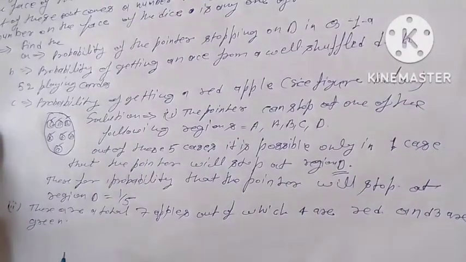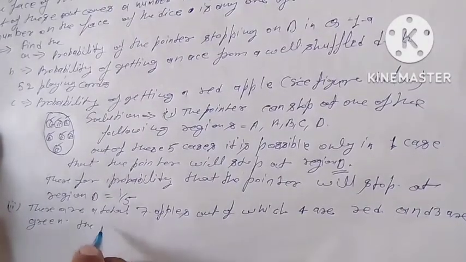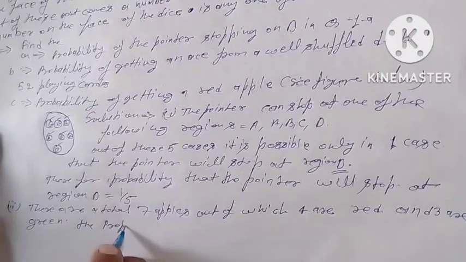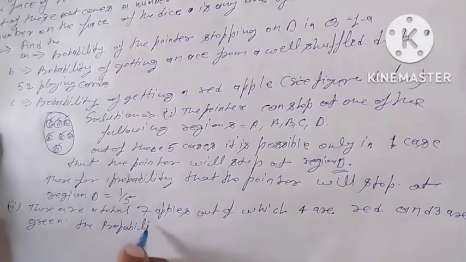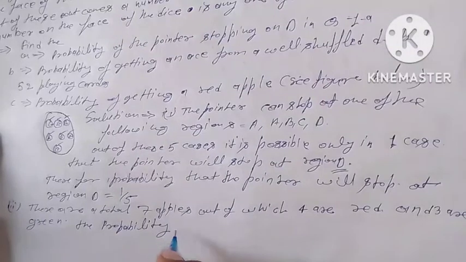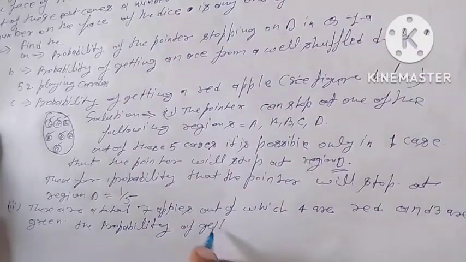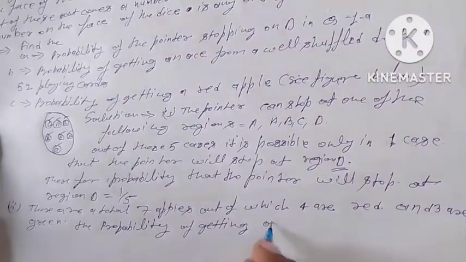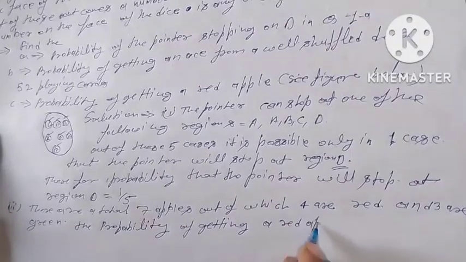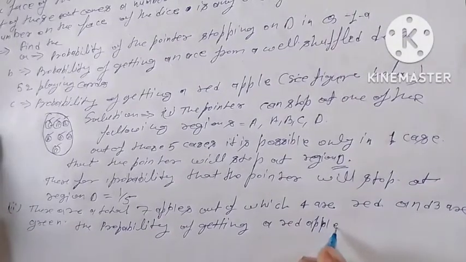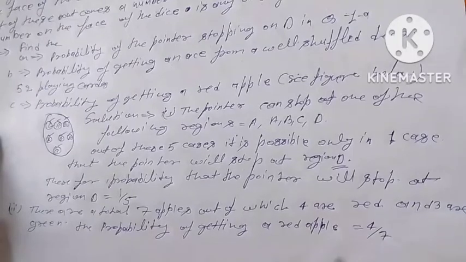Okay. Probability of getting a red apple is equal to 4 upon 7.